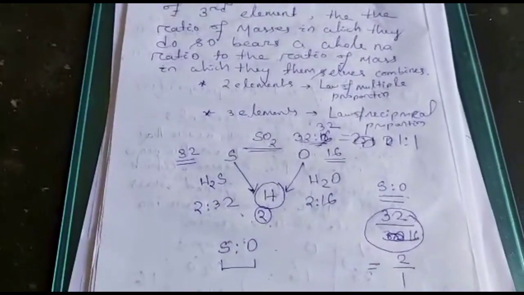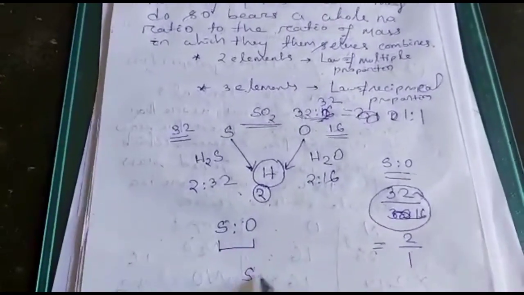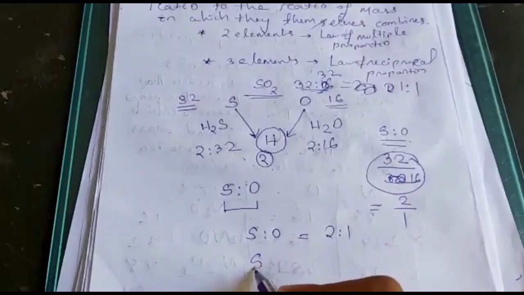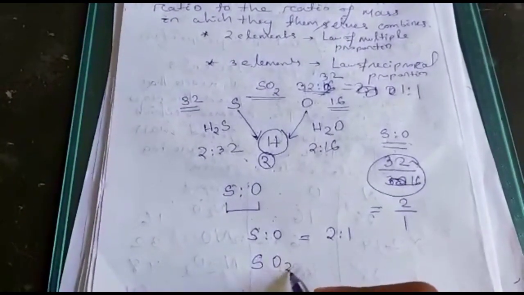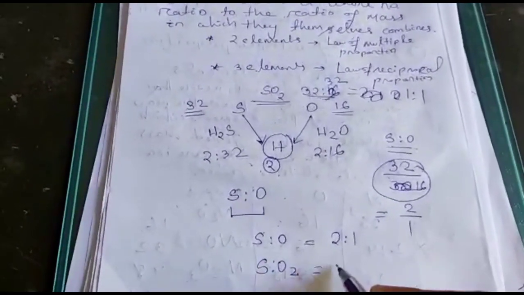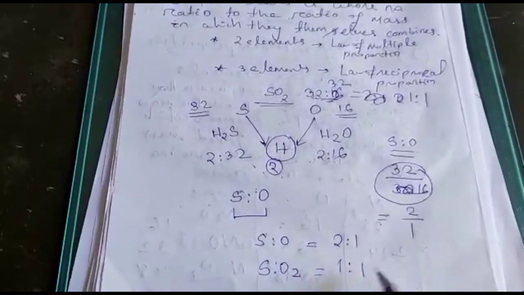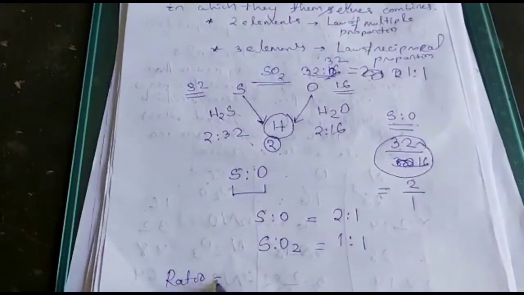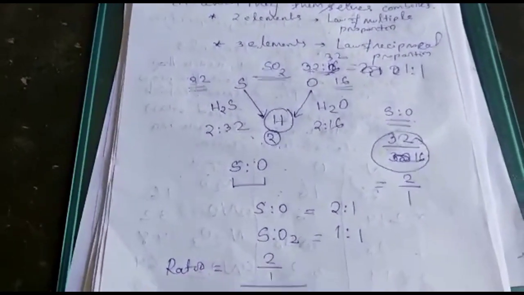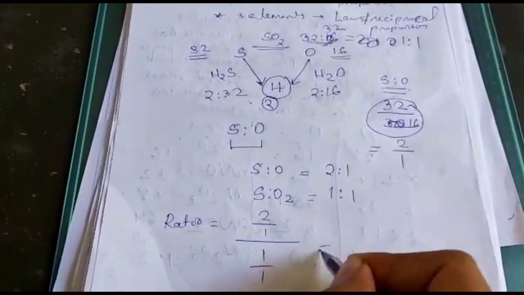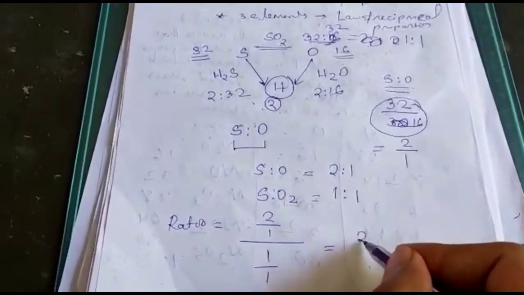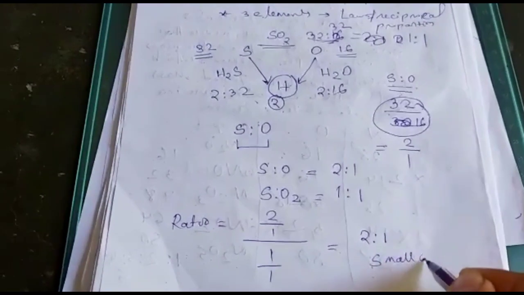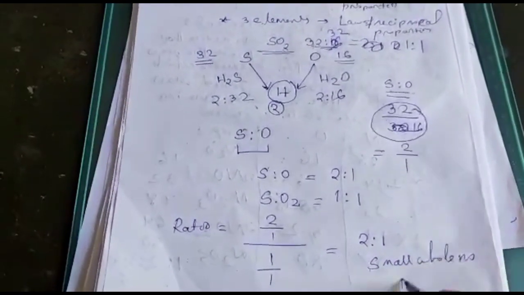So the sulfur-oxygen ratio is 2:1 for SO and 1:1 for SO2. If you divide them, 2/1 by 1/1, the ratio will be 2:1, which is a small whole number ratio.